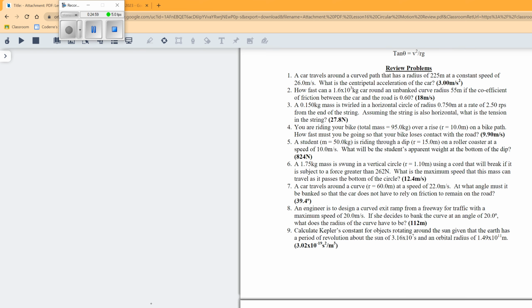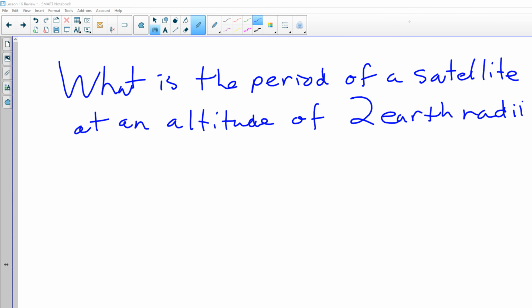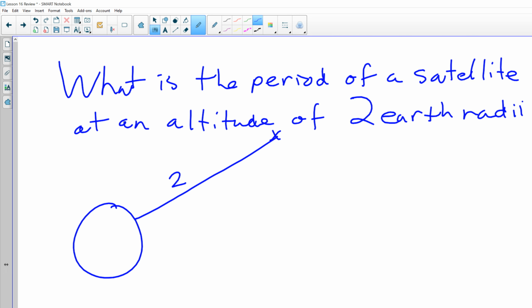Okay. All right, so on this question, they're telling me, here's Earth, here's the satellite, and this distance is 2 times the Earth's radius. So what's the orbital radius? 3 times the Earth's radius, because I have to add the Earth's radius on one more time to get the center to center distance.